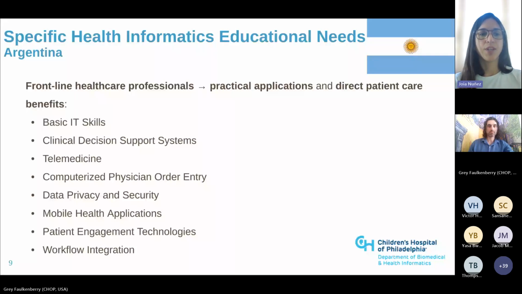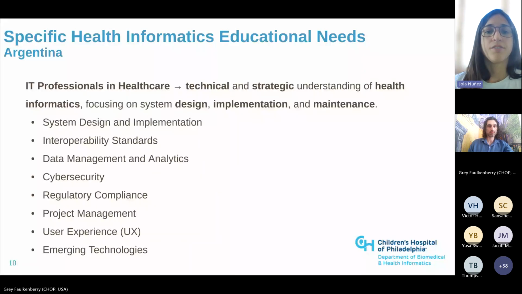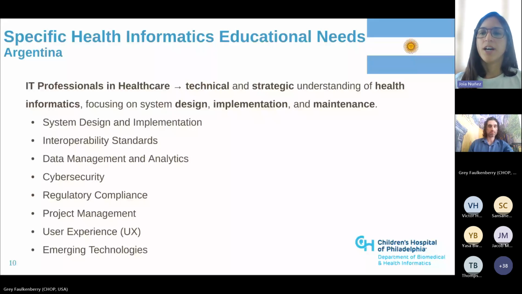And then we have the IT professionals that I think their goal, if you want to go to the next slide, is more related with technical and strategic understanding of health informatics, and focusing their knowledge in design, implementation, and maintenance of these healthcare systems working.